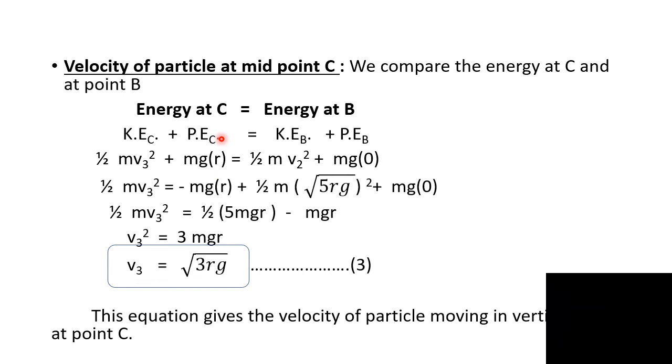So at point C, the height of the particle is r from lowest point. So potential energy is mgr, which is equal to half mv2 square. v2 is the velocity of the particle at point B.